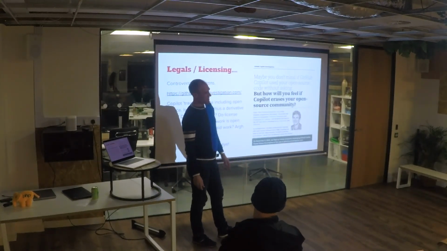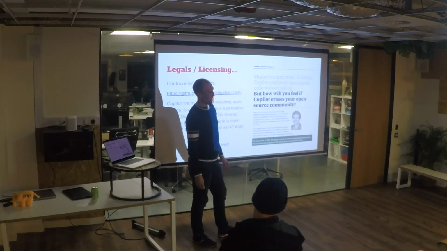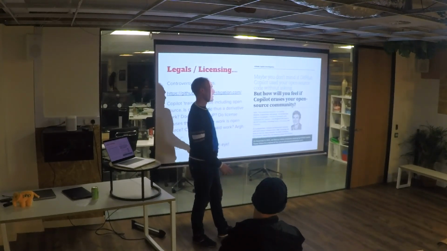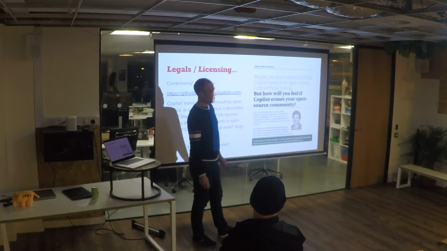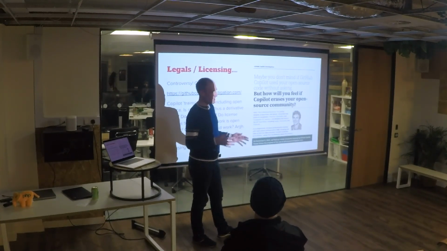He's getting open source contributors together and trying to contest with GitHub over whether they are allowed, within the terms of MIT and GPL licenses and stuff, to train their AI on open source contributions, whether it's a breach of license. Should they be obligated to publish some kind of distillation of the learnings as open source too? I'm not a lawyer clearly, but I think that is one of the arguments.